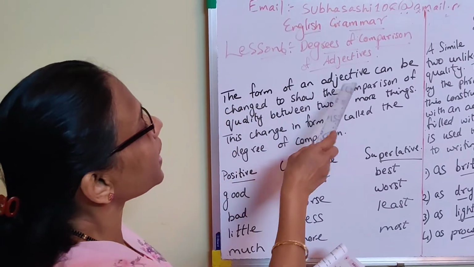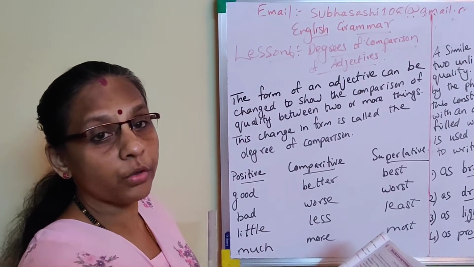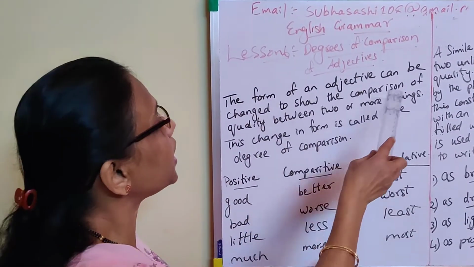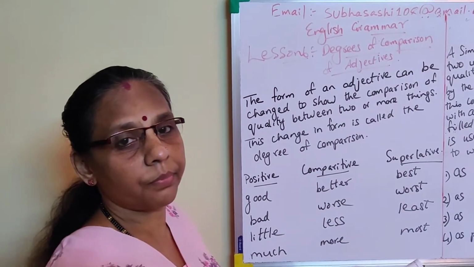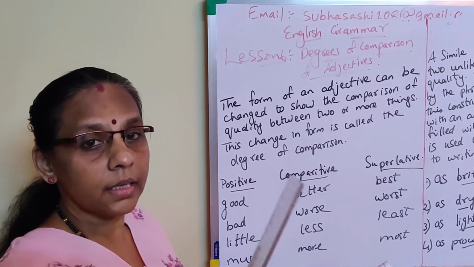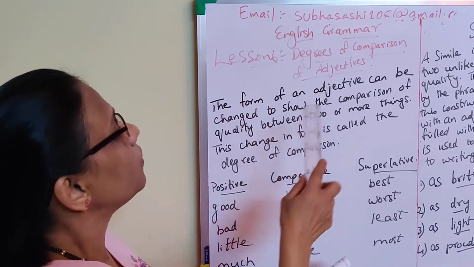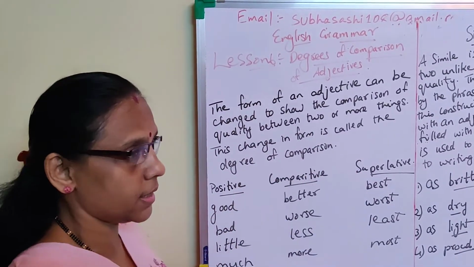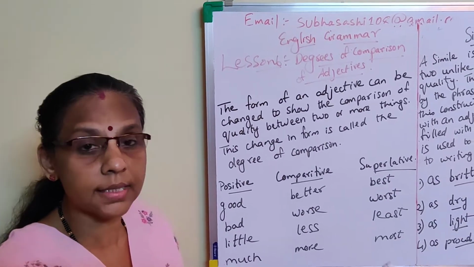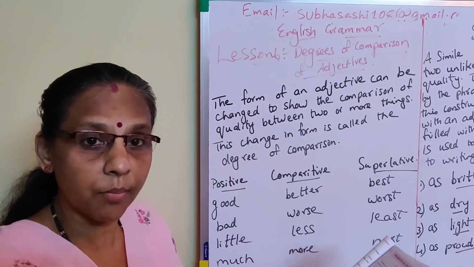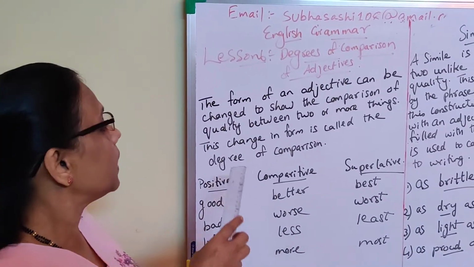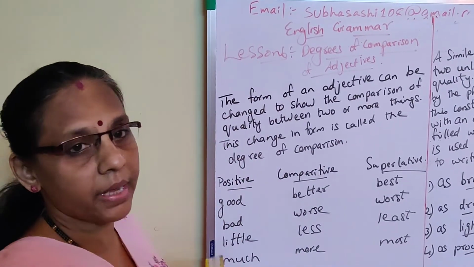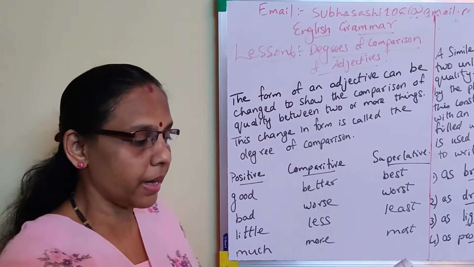The form of an adjective, how the adjective is written, can be changed. How can it be changed? To show the comparison of quality between two or more things. Using two or more things, we can show the comparison of this adjective. This change is called the degree of comparison.